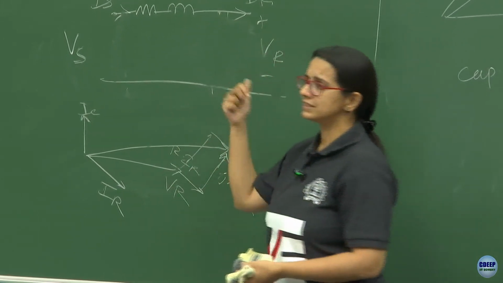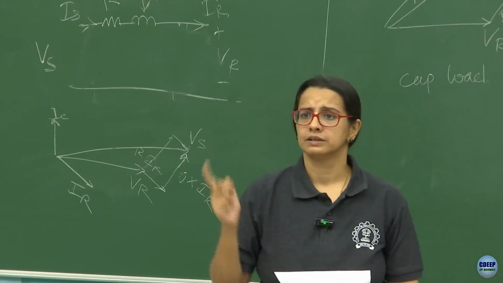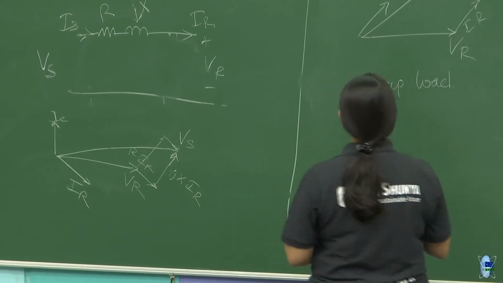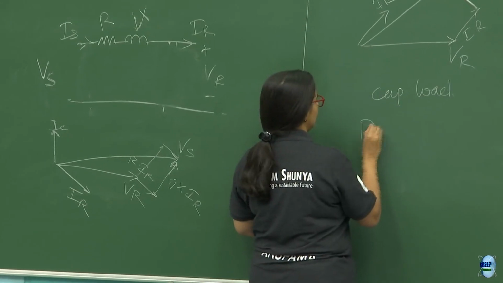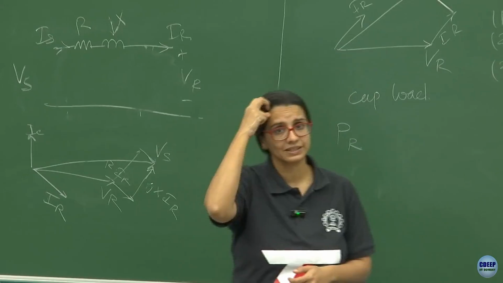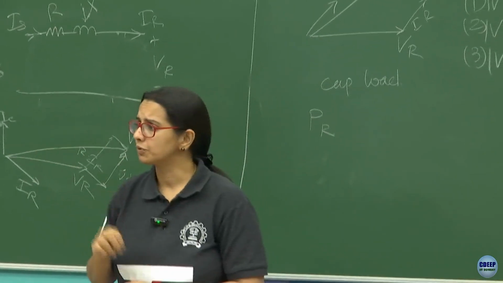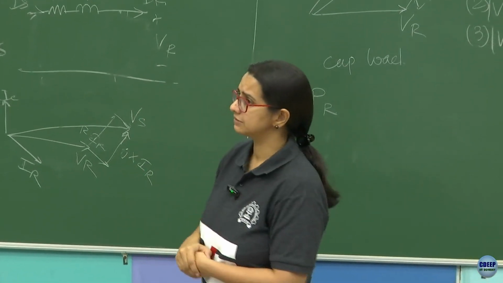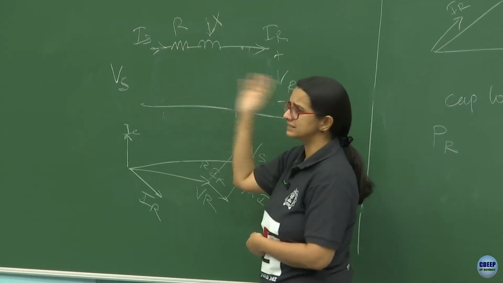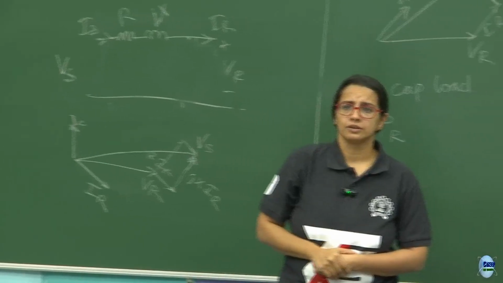What is the power that I'm transferring to the load? More specifically, PR, the active power at the receiving end. Could you tell me what that is going to be as a function of R, X, Vs, Vr, and so on?